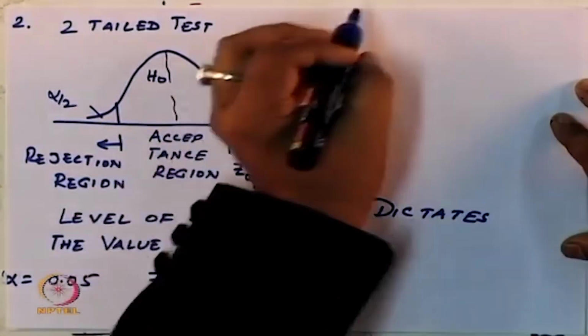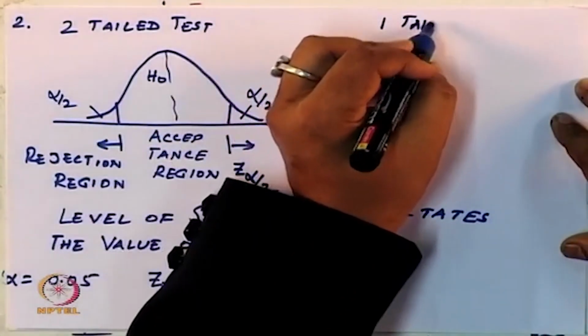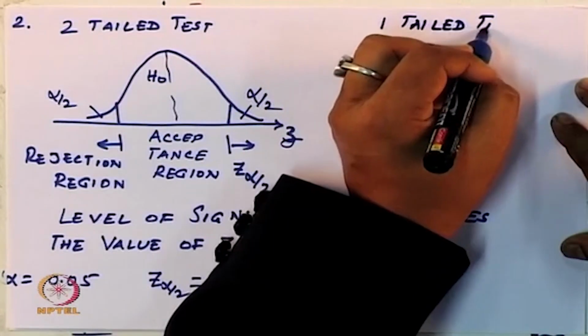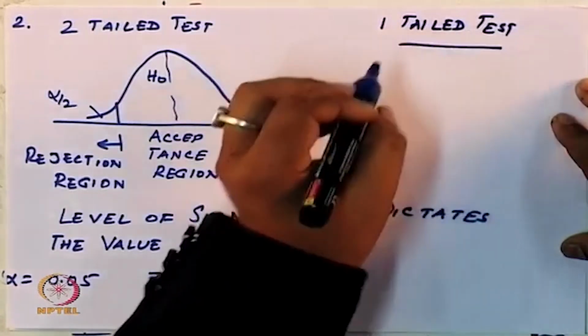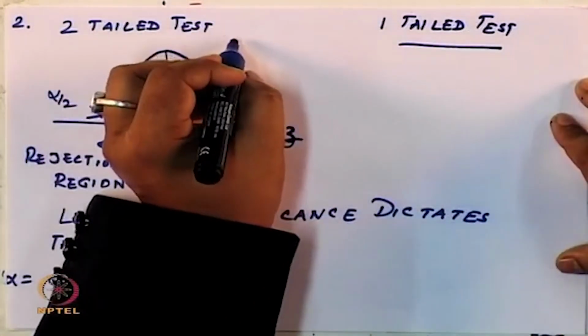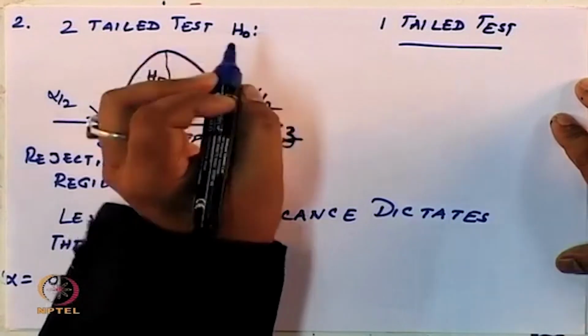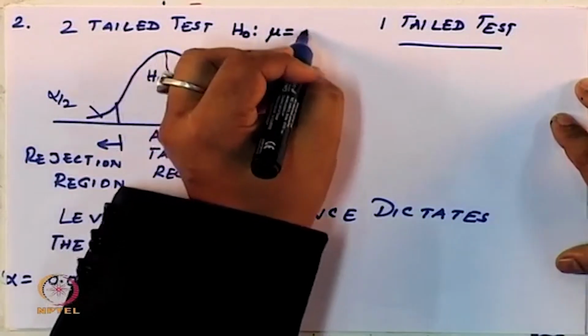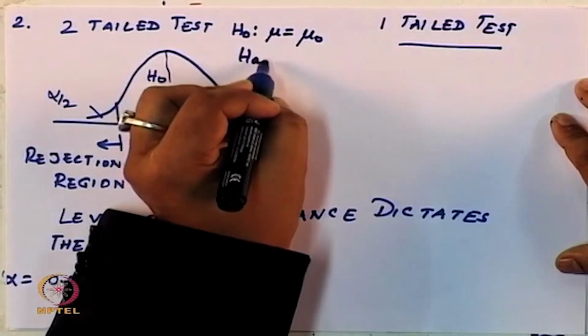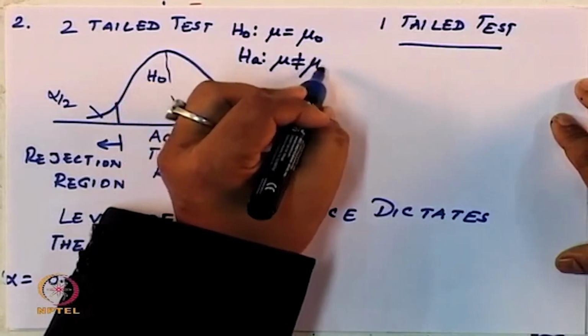And for the one-tailed test, in case of two-tailed, my null hypothesis is mu is equal to mu naught and HA is mu not equal to mu naught.